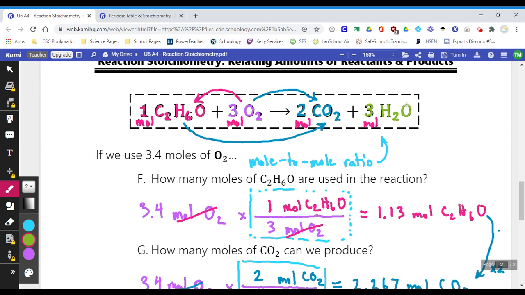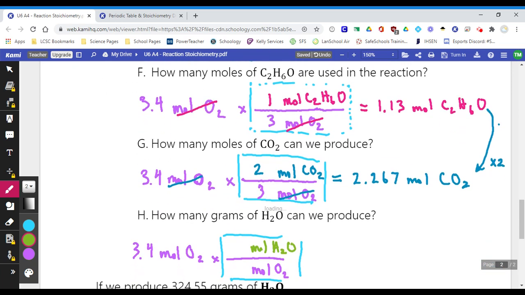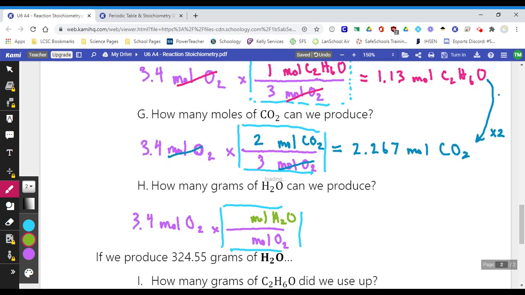So this is a mole-to-mole ratio of 3 moles of O2 to 3 moles of H2O. Nice. This fraction bar will help me get rid of my moles of O2. It'll get me to moles of H2O, but I'm not done yet. This isn't quite where I want to be.